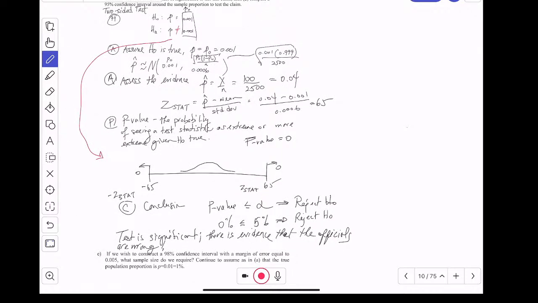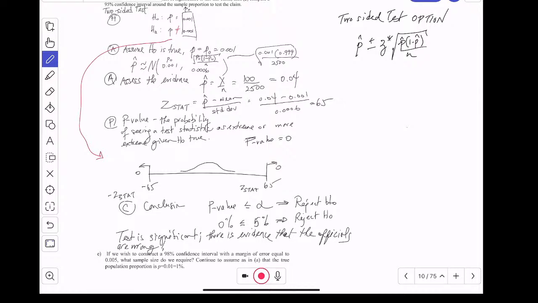For a 2-sided test, you have an option: build a 95% confidence interval around p hat, using the sample result. So it's just a confidence interval.